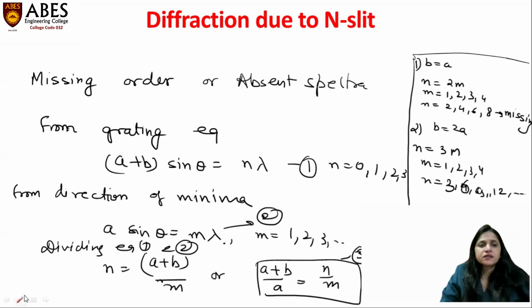So these interference maxima will be missing, and they will coincide with the minima of the corresponding order. This is the missing order or absent spectra that we can talk about.